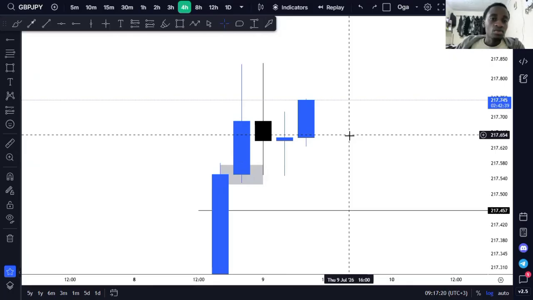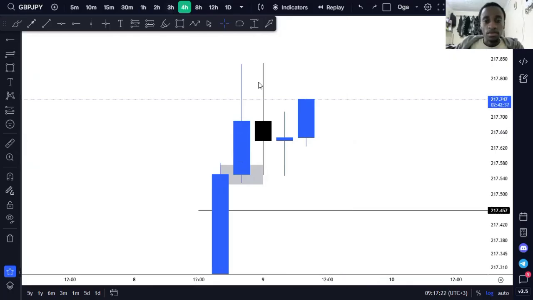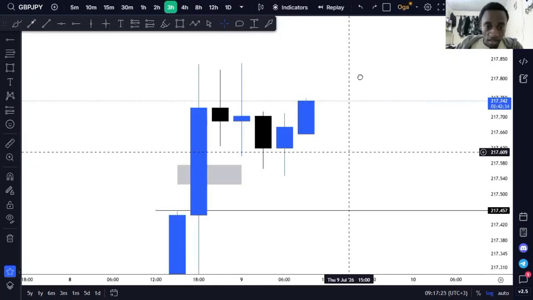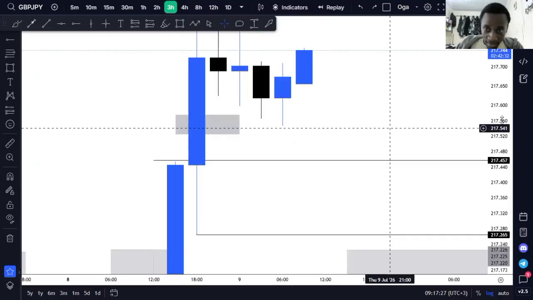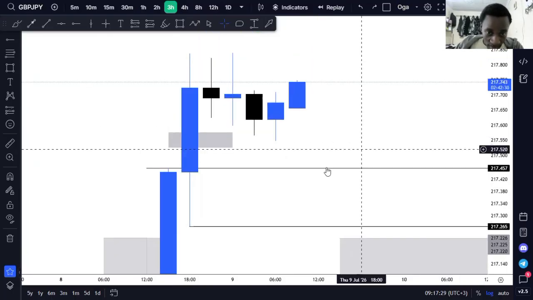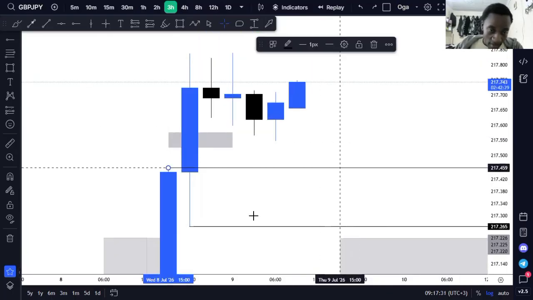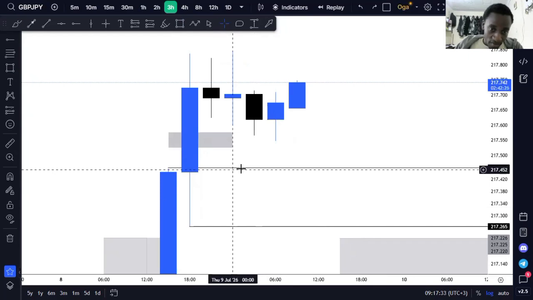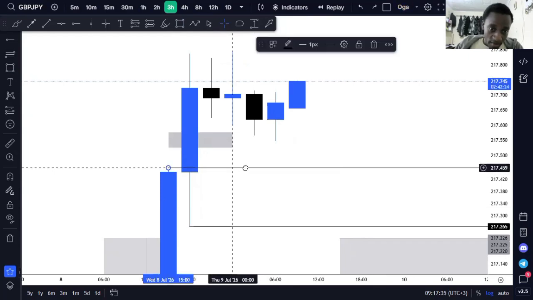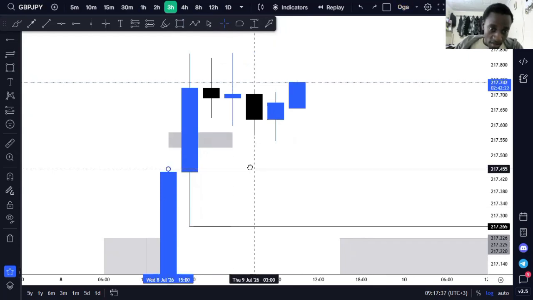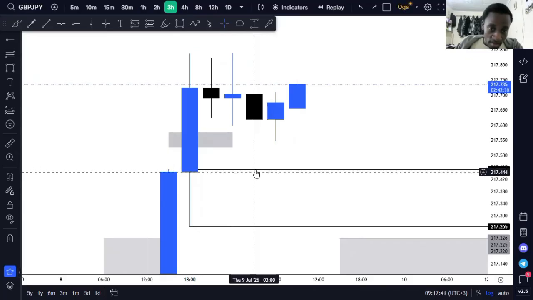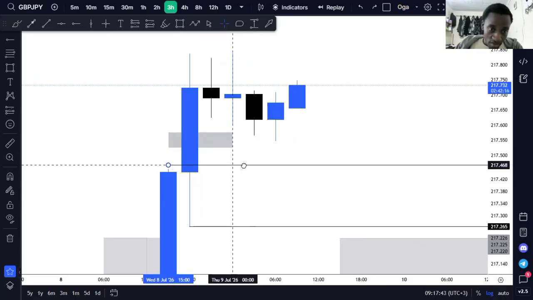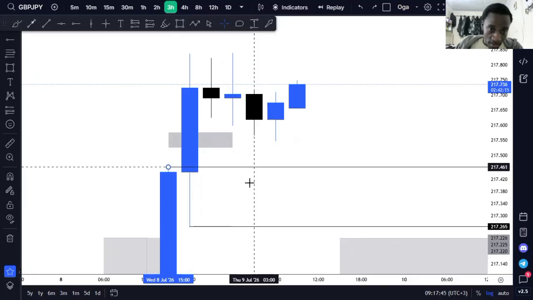So this is 4, let's go to 3 hours. We see if it has a structure. If you are able to see, we still have a weak call up here. So yes, on other time frames it's hidden, but the area is still valid because I'm pretty sure it has a structure on lower time frame.